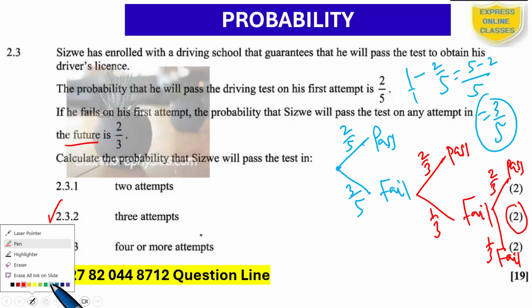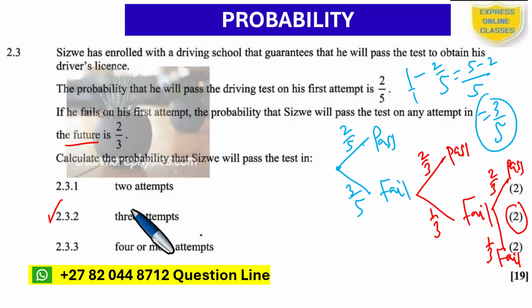So now we are dealing with 3 attempts here. Now we must be realistic. Caesar must pass after 3 attempts, so he must fail twice.